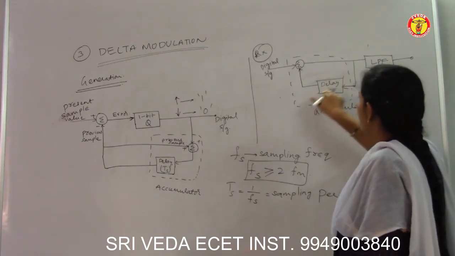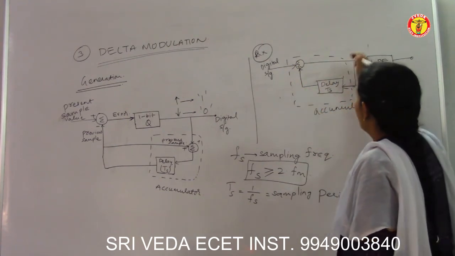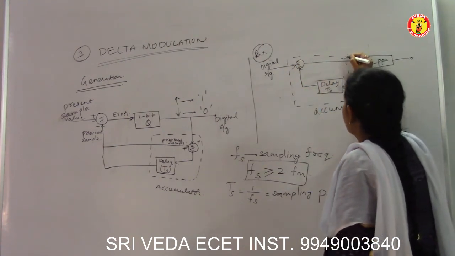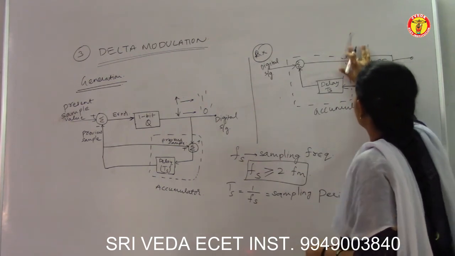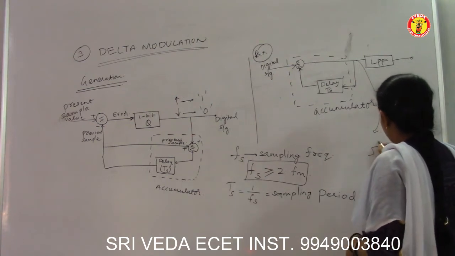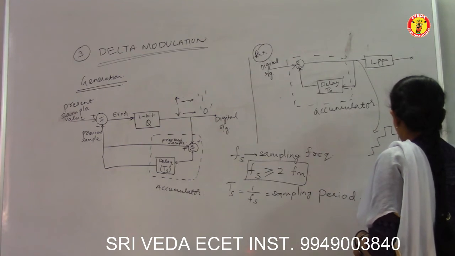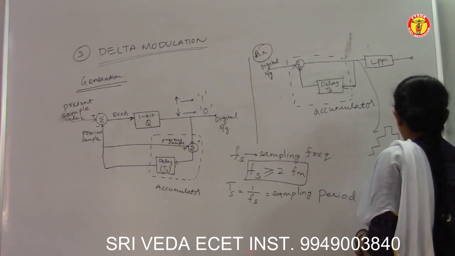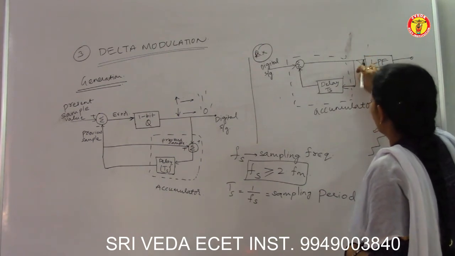So here an approximate staircase is generated like this, and this is the output of the accumulator.